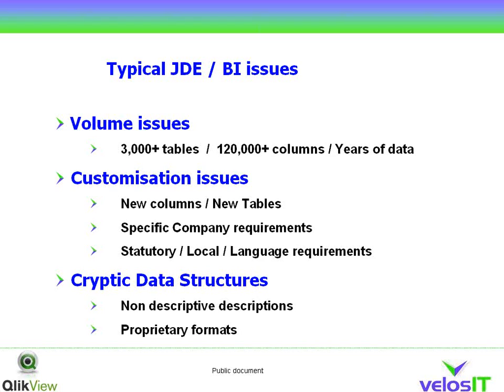In JD Edwards and possibly most ERP implementations, people are reluctant to archive data. So lots of data, lots of tables, lots of columns. If you then add on customization issues, I don't think we've got a company that we support on JD Edwards where they haven't customized the application in some form.